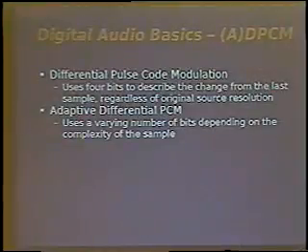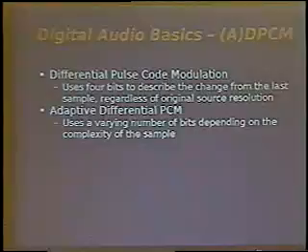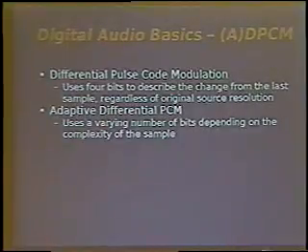What MuLaw and PCM do is describe each value individually. For this one, it says go down 4, go up 2, and so on. Regardless of the original source resolution, regular DPCM just uses 4 bits. Adaptive differential PCM uses a varying number of bits depending on the complexity of that sample, but it's still 32 kilobits a second, so they have to scrimp somewhere. It sounds almost like MuLaw, but not quite.